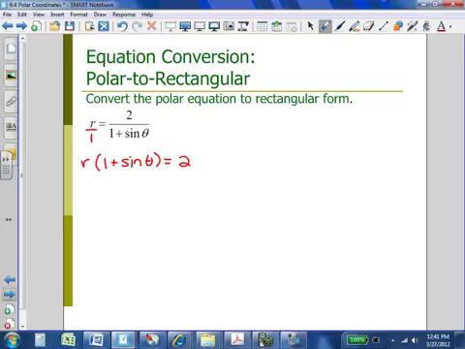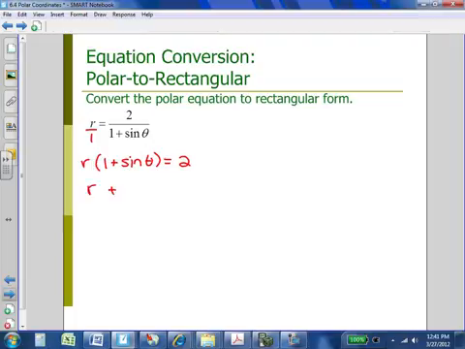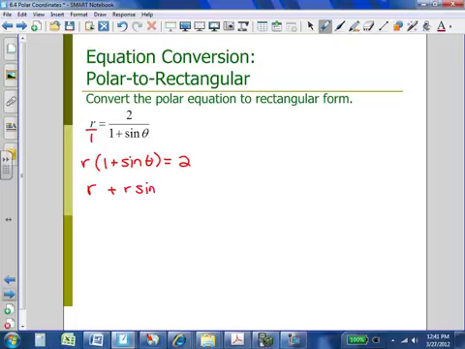Then I'm going to distribute my r. So I have r plus r sine theta equals 2. Now I like what happened there because right here, r sine theta, we should recognize that as y. So right now I have r plus y equals 2.